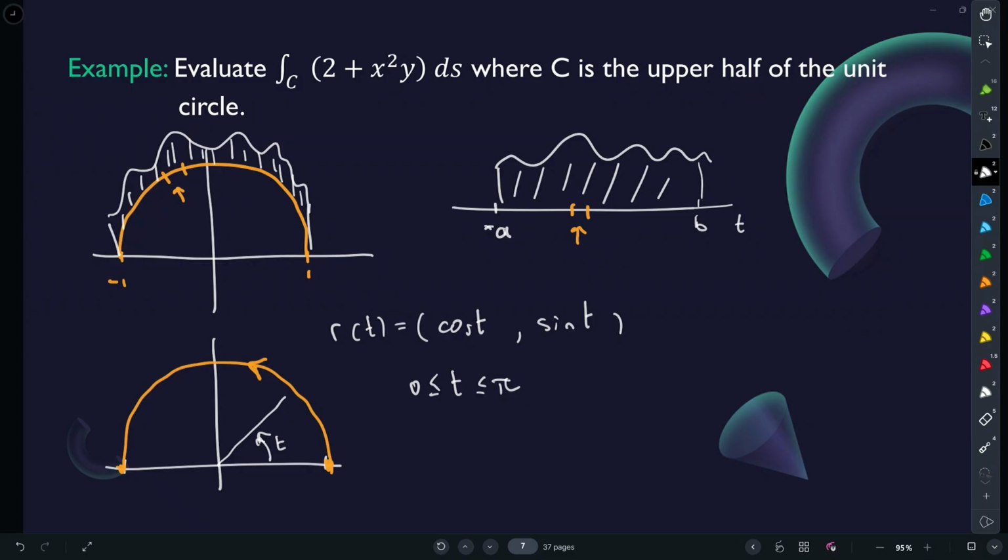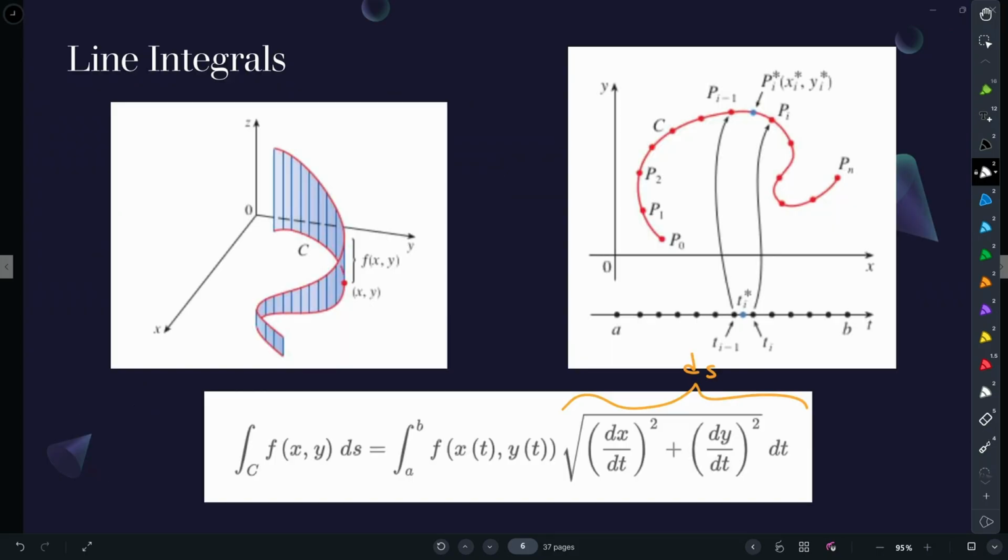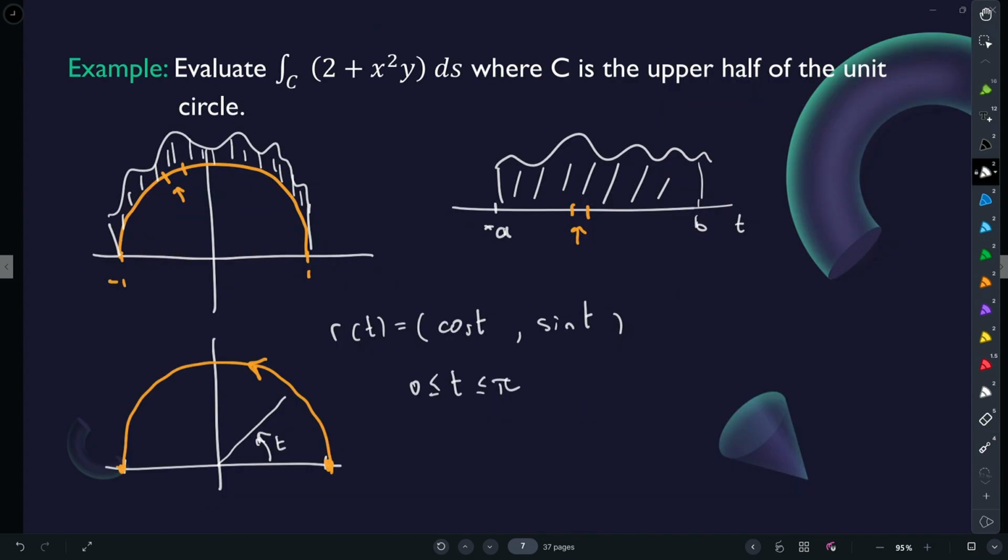And remember what is going to happen in the formula: I'm going to take my function, evaluate at the points on the circle, times the length of the tangent vector at each point. So once I have parameterized, step two, compute the actual tangent vector. The tangent vector will be minus sine t, cosine t.